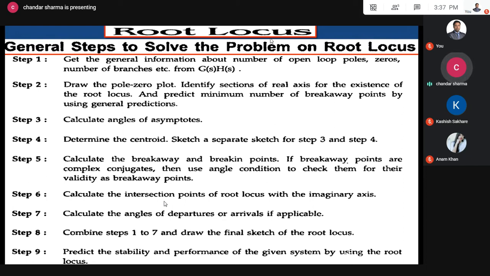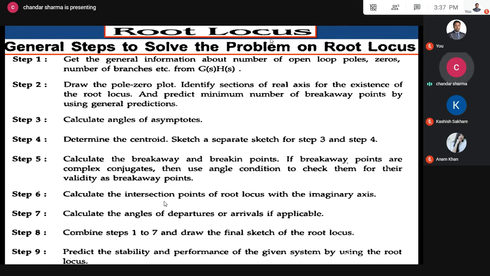So here we have to find two conditions. For any point to lie on the root locus, it must satisfy two conditions. Number 1, magnitude condition, and number 2, angle condition. Generally, if I have to construct a root locus, there are 7 to 8 steps required. First, the information required is G(s)H(s), the loop transfer function.